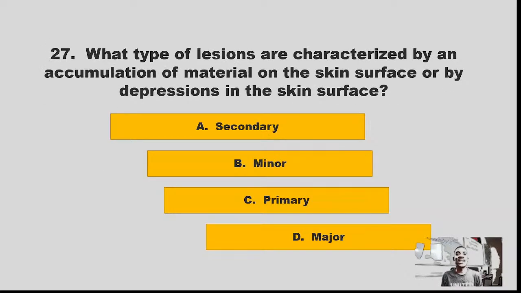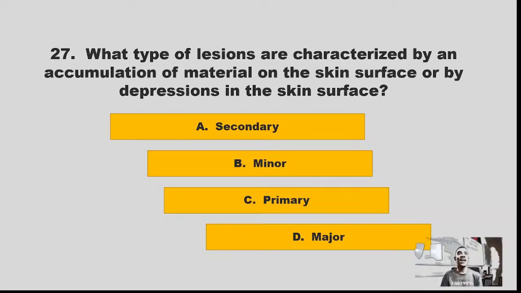The next question says, what type of lesions are characterized by an accumulation of material on the skin surface or by depressions in the skin surface? So our choices are secondary, minor, primary, or major.